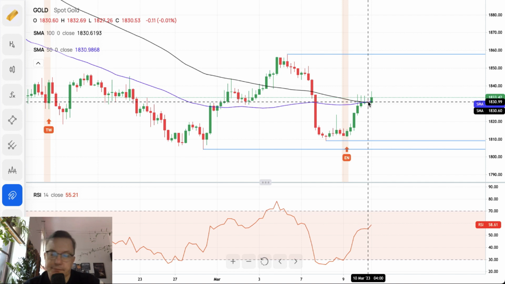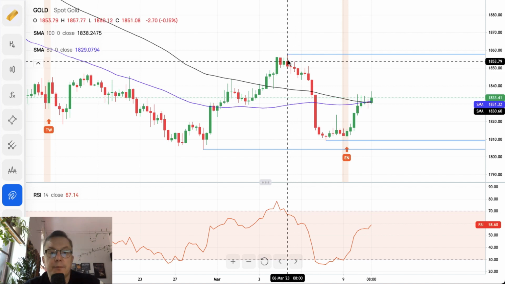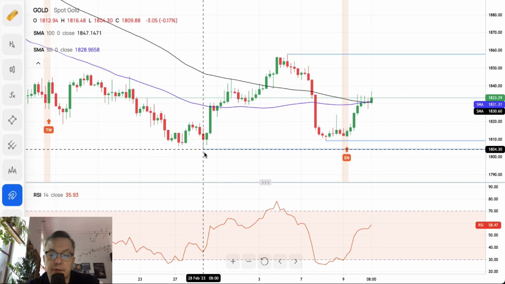So a breakout above 1,857 is needed for the up move to continue higher, or a breakout below the swing low from the 28th of February at $1,804 is needed for another movement to the downside.